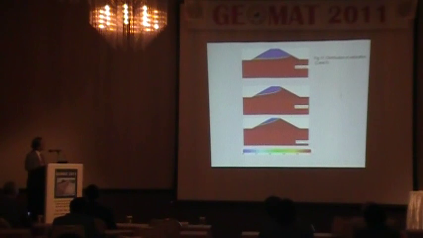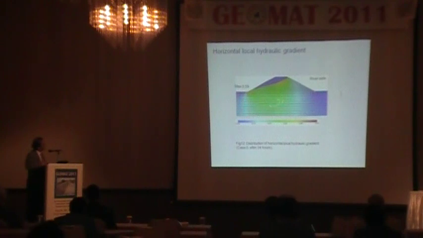This is the distribution of saturation in time. Let's see now. Here is the river side. And this is the dry side. And we can observe the maximum value of the hydraulic gradient is 0.59.